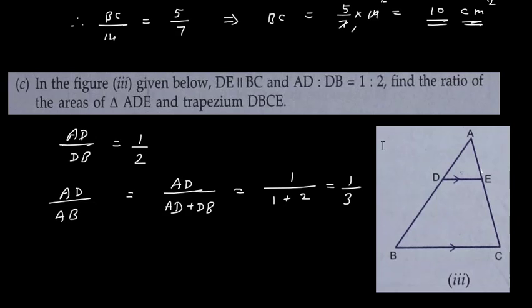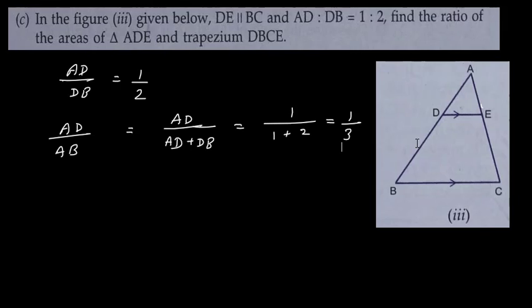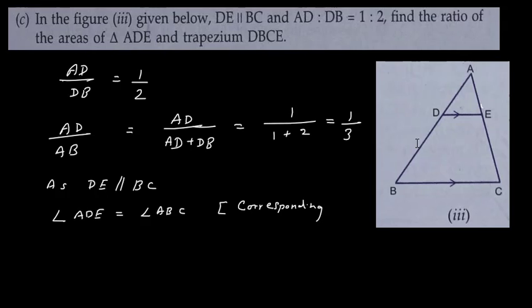Okay. Now, as DE is parallel to BC, you can say that angle ADE is equal to angle ABC. They are called corresponding angles. What we call them? We call them corresponding angles.